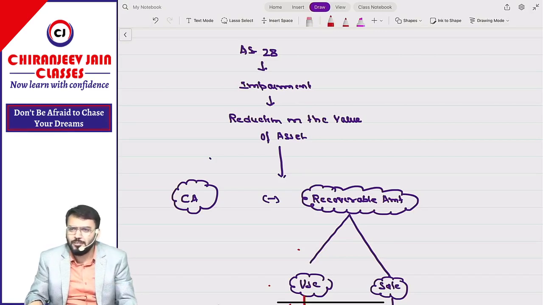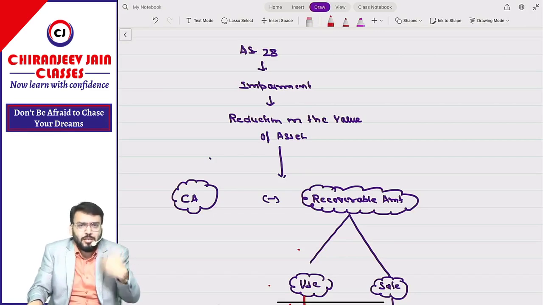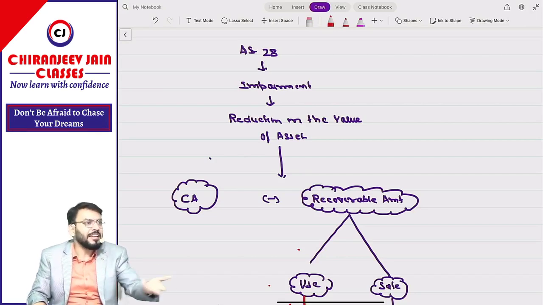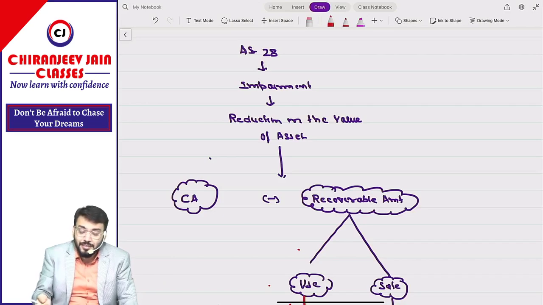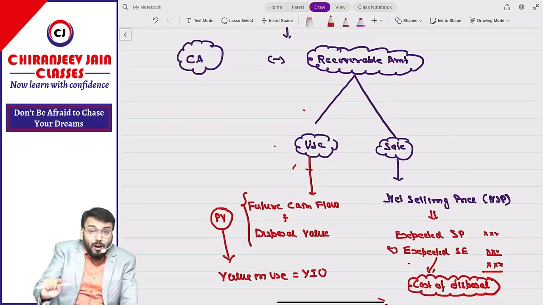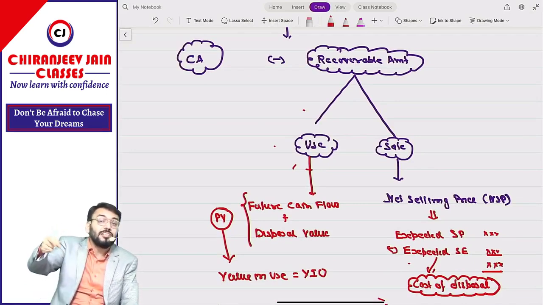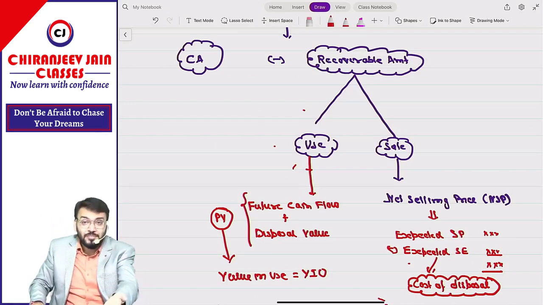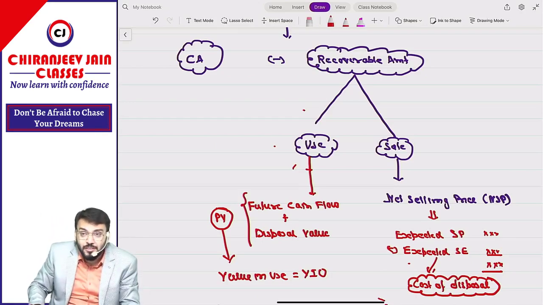This will always be given in the question, because we can't estimate sale price on our own. Correct? Yes, this is as per the management discretion. Now, coming to use, we need to find out how much future cash flow can be generated from the use of the asset during its useful life. And at the end of useful life, we'll dispose it, so we'll get some disposal value.